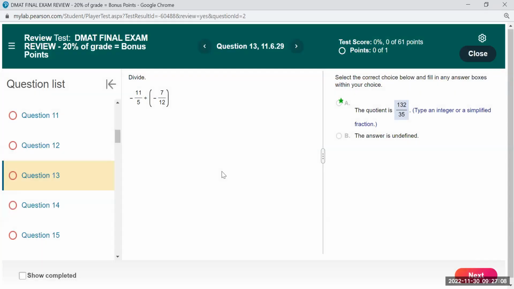Number 13. Divide. Negative 11 over 5 divided by negative 7 over 12.